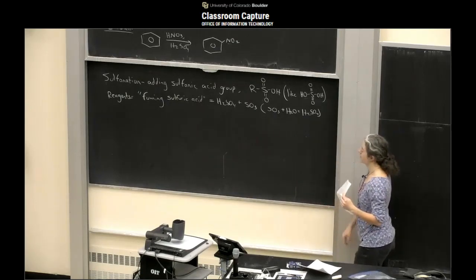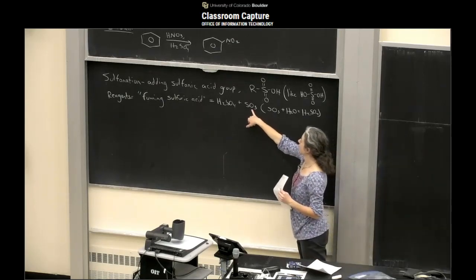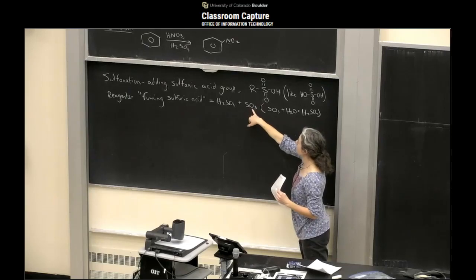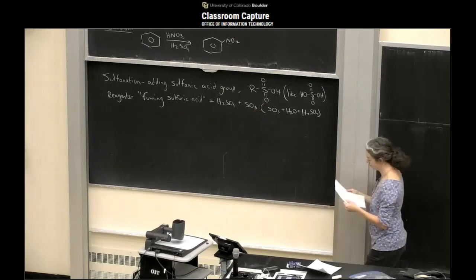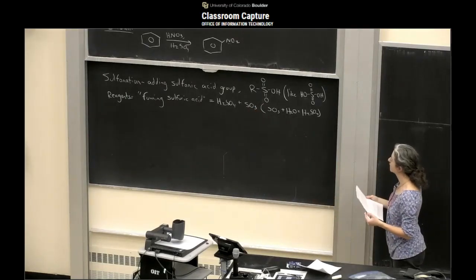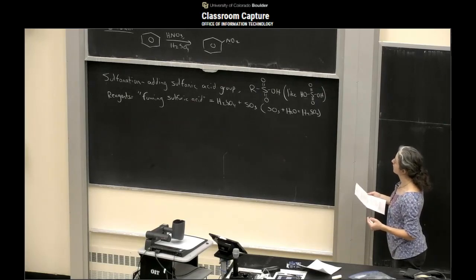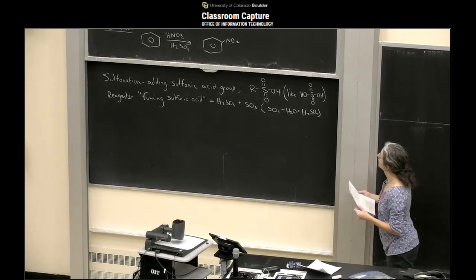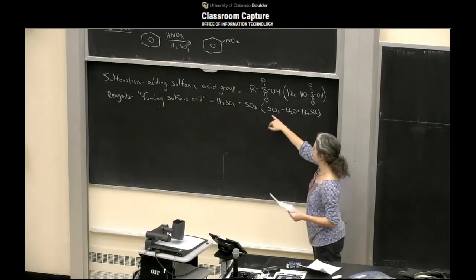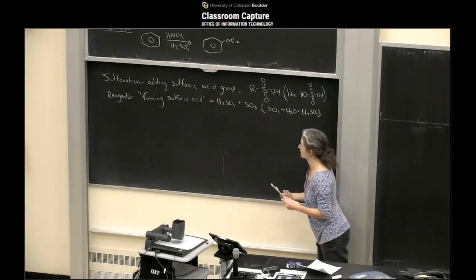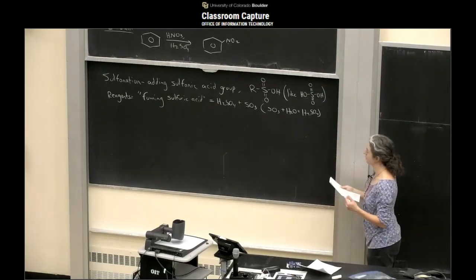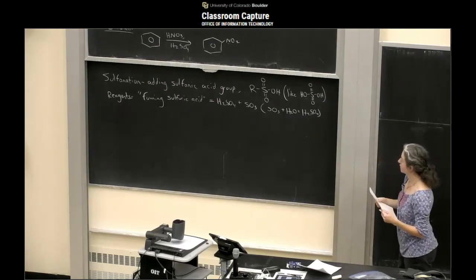And then the SO3 sort of comes out as really noxious fumes out of the mixture. Okay, so this is fairly rugged, old school chemistry. Very reactive, not very tolerant of other functional groups on the molecule. But for now we're just doing this all to benzene, so whatever.